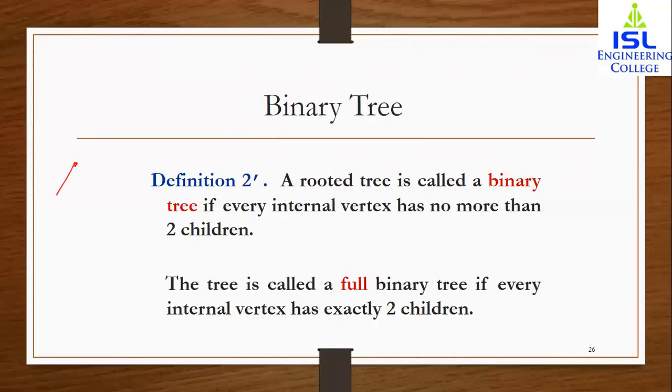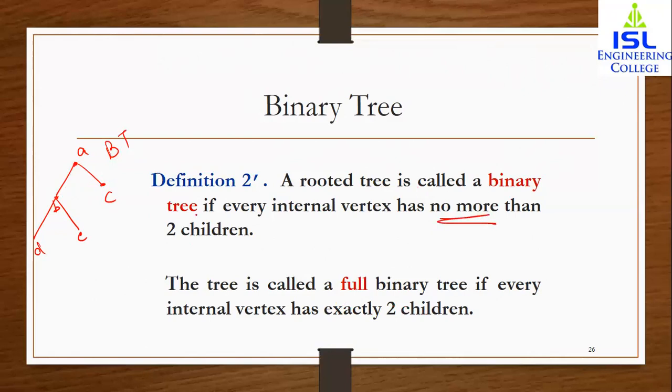So suppose I create this tree: this is my vertex A, B, C, then my vertex B has D, E, while my vertex C has no children. Then yes, it is a binary tree, okay, because each vertex has no more than 2 children.